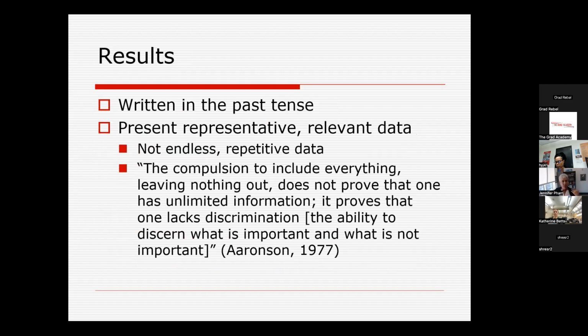So the results are written in the past tense, and even if you just finished your statistical analysis and you're writing your results right then, it's in the past, so it's written in the past tense. In your results section, you want to present relevant, representative data.